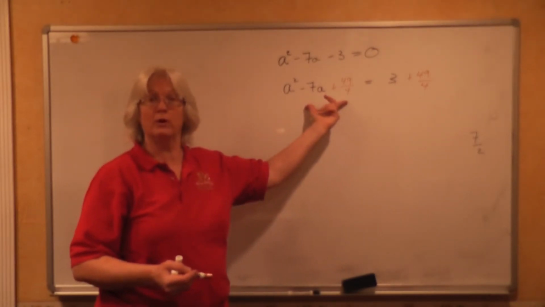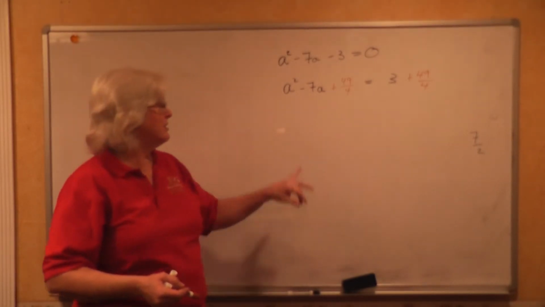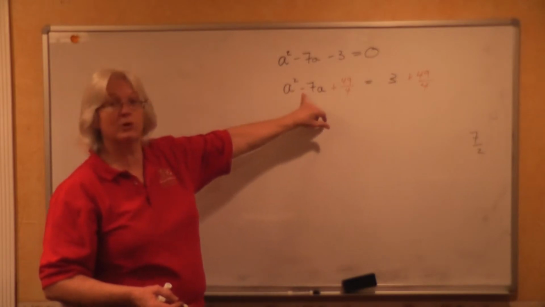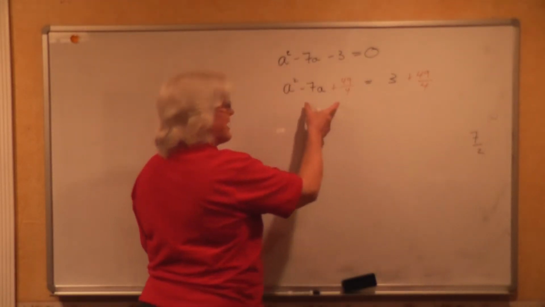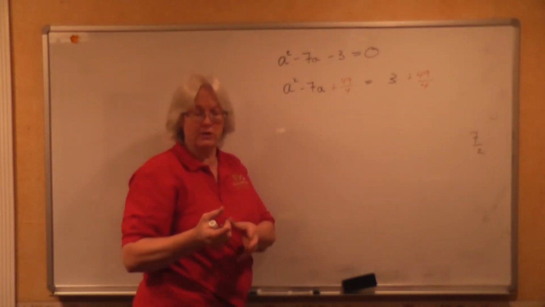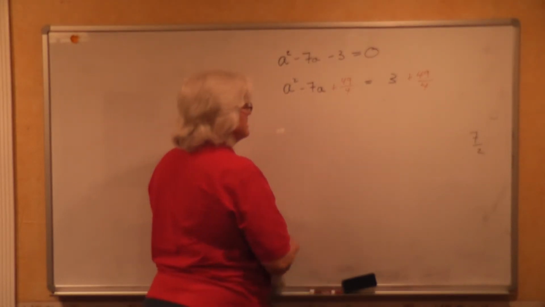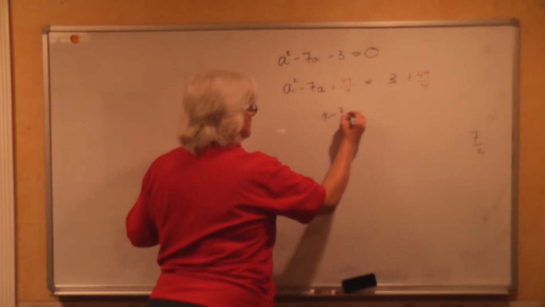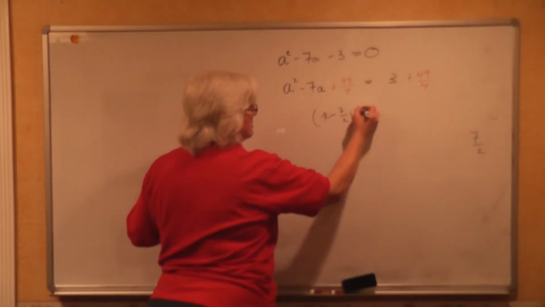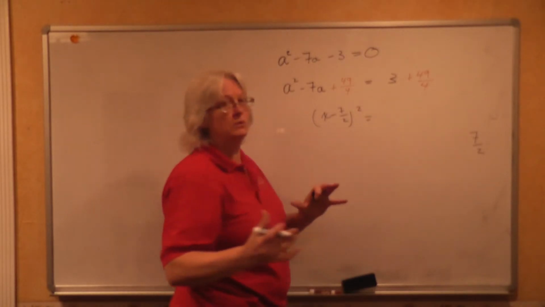This now looks pretty weird, but it's a perfect square trinomial. The middle term is negative, so when we factor the perfect square trinomial, what we end up with is a minus 7/2 quantity squared is equal to what?